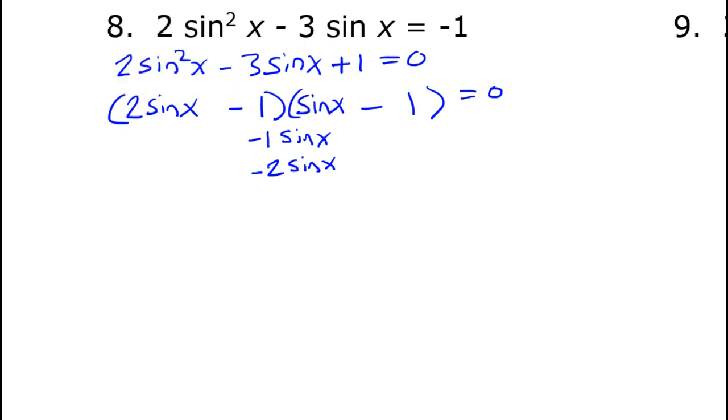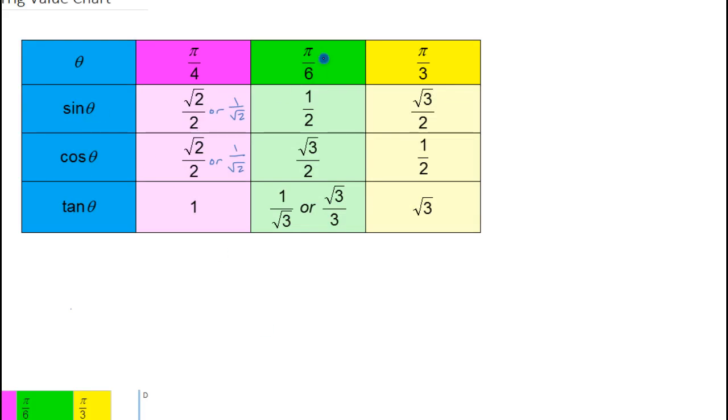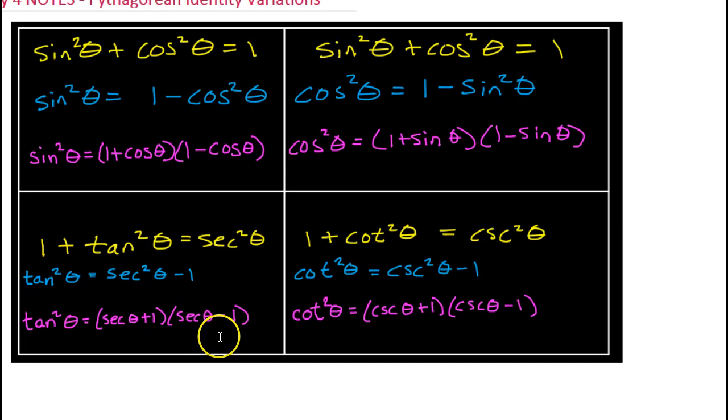Now, setting the first factor equal to 0, I have 2 sine x minus 1 is equal to 0. Adding 1 and dividing by 2, I have sine x is equal to 1/2. The reference angle is pi over 6, because I know that sine of pi over 6 is 1/2.